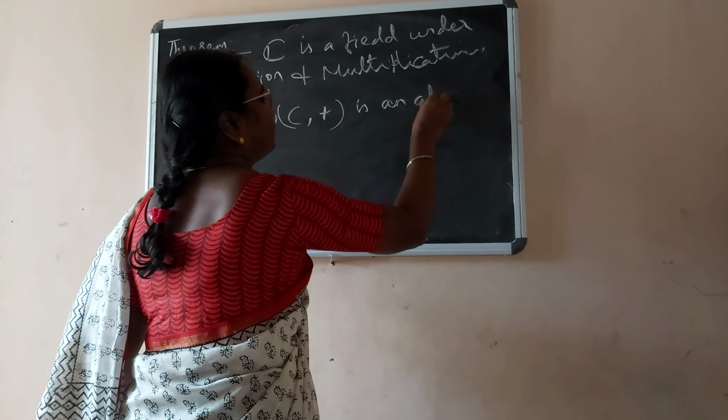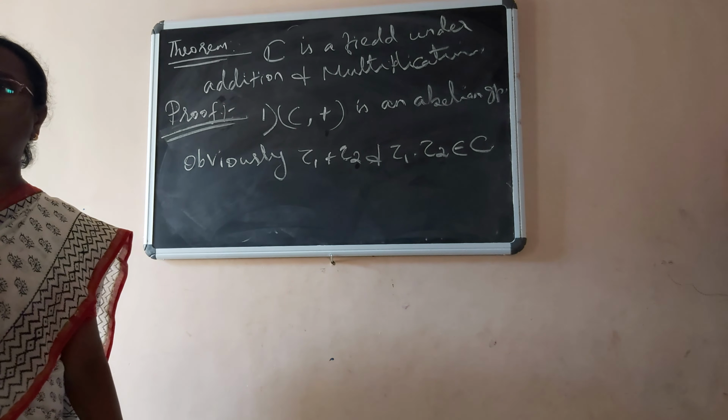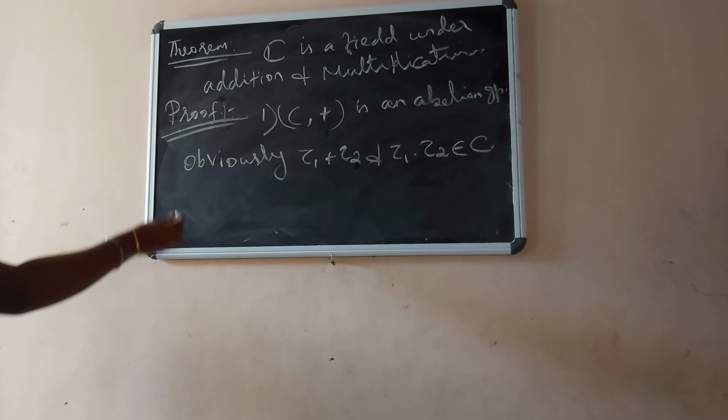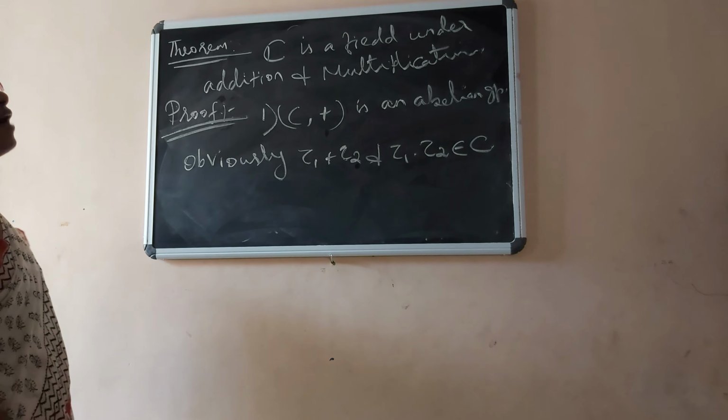I repeat once again, since the addition of real numbers is associative and commutative, it follows that addition in C is also associative and commutative. Now, next, to find the additive identity. The additive identity is nothing but 0, where 0 is equal to 0 plus i0.